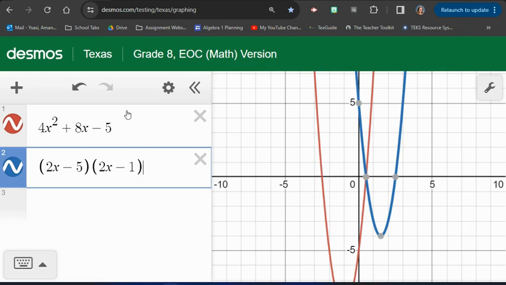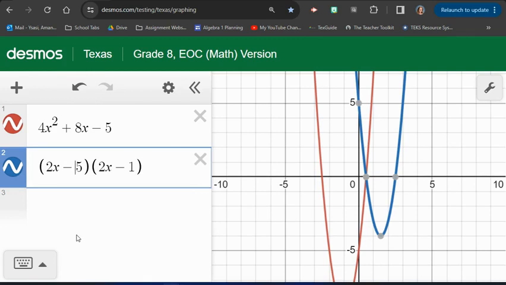And if they don't match, then it's not your answer. You can mark it out. So those don't match. So I'm going to mark it out on my answer choice and go to B.